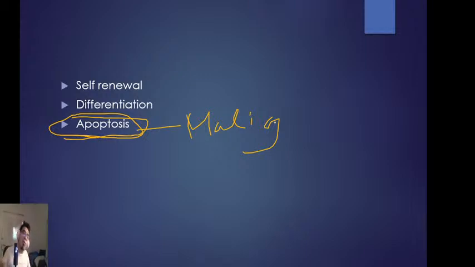If cells lose the capacity to undergo programmed cell death, they become malignant and they would go crazy and produce large numbers of themselves or differentiate into mutant forms of their original intent, or original product types. When I say product types, these are the final cell lines that you're going to see: a lymphocyte, a neutrophil or any type of granulocyte, or a platelet or an RBC. So they go haywire if they do not undergo cell death.